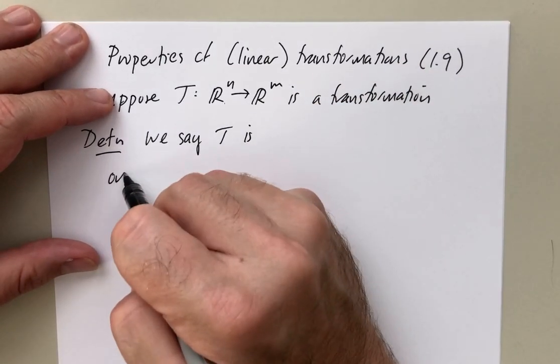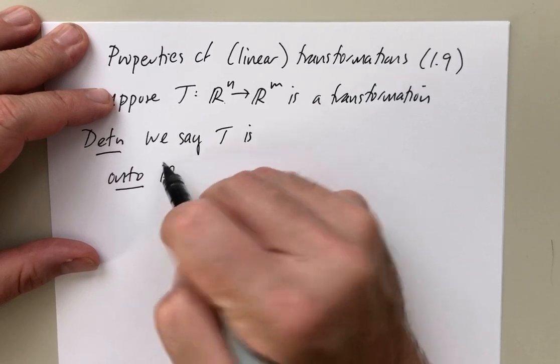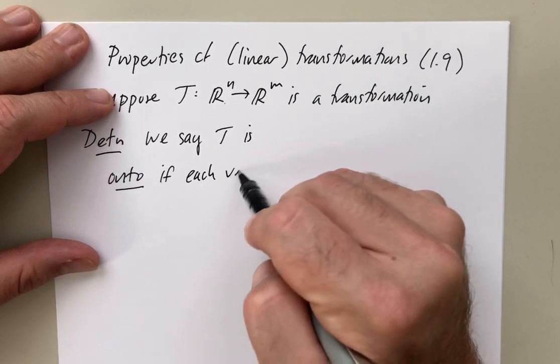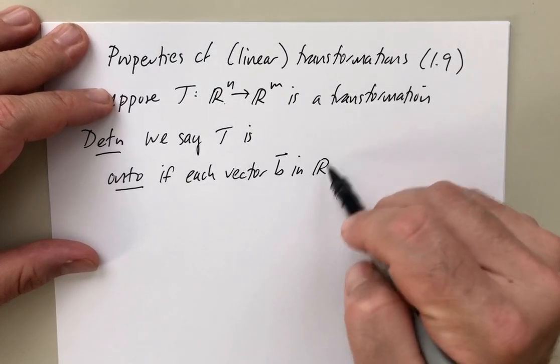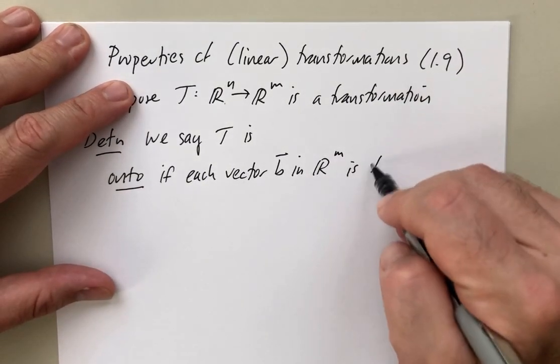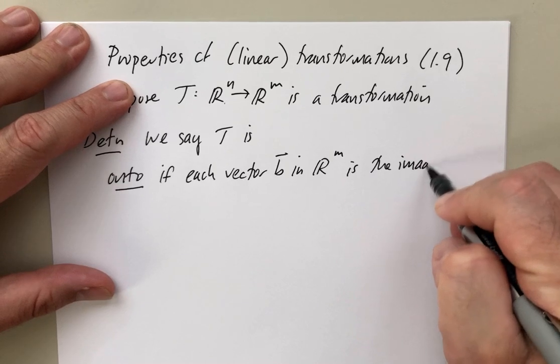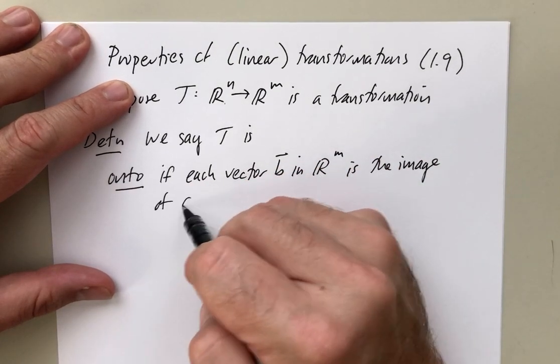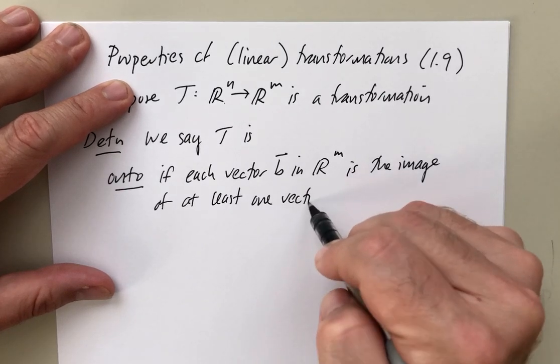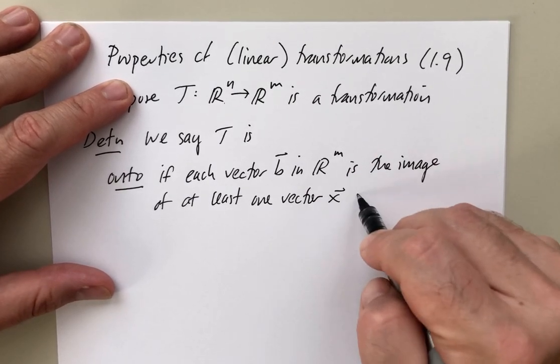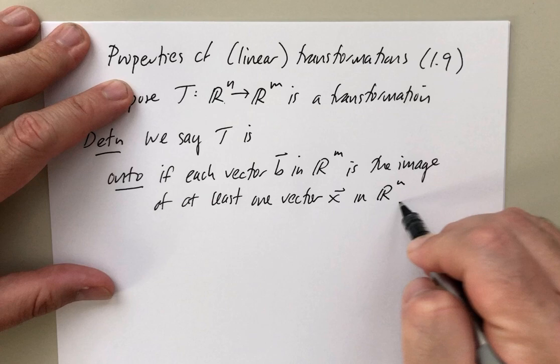The first one is onto if each vector, let's say B, in Rm is the image of at least one vector, let's say x in Rn, okay?